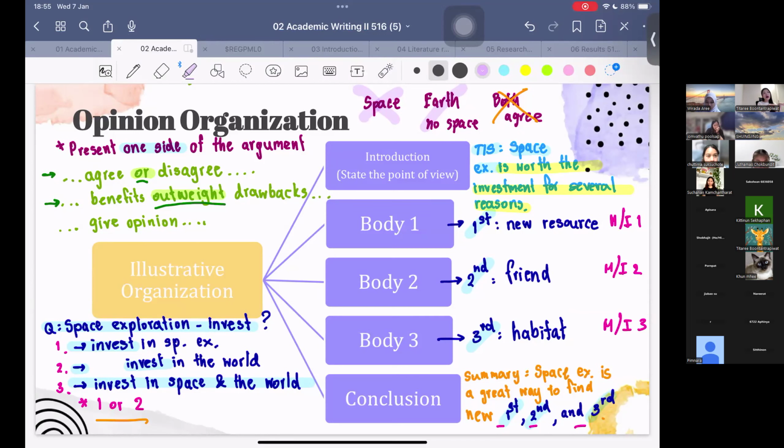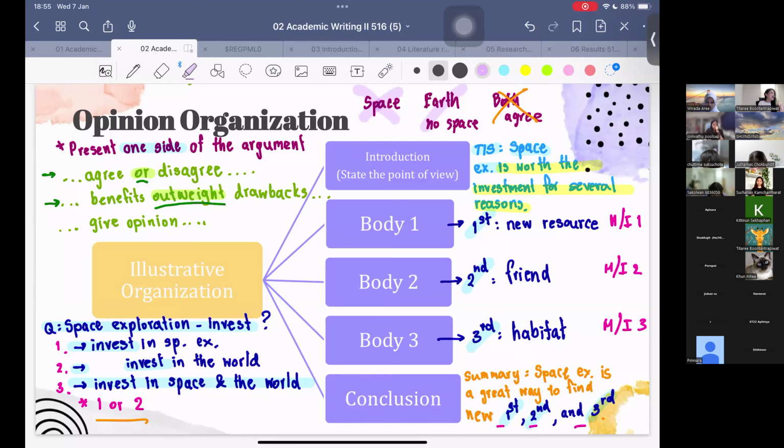So body paragraph 1, I state that we should go do space exploration in order to find new resource, and then explain why we need to find extra or new resource. Body paragraph 2, talk about friends, why we need to get new friends, aliens, potential friends who knows out there in the world.